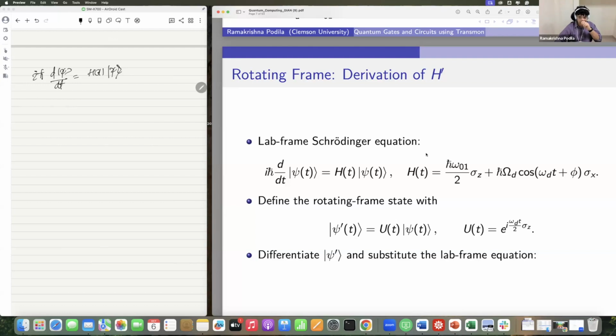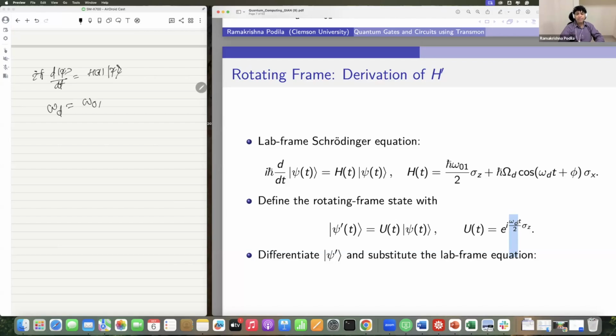And we have our Hamiltonian here, right? And we define a rotating frame by defining this unitary operator, U of t, which is defined along sigma z, right? But with omega d, because we're considering omega d equal to omega 01, right?